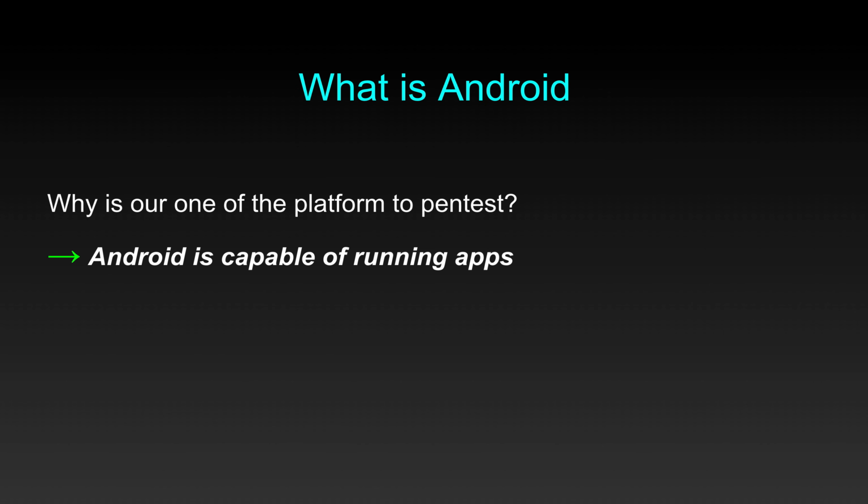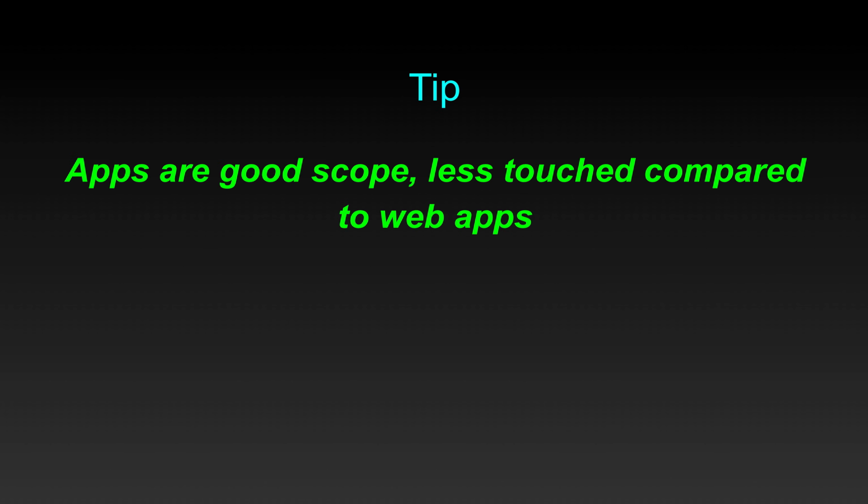So why is it one of the platforms to pen test? Why are we going to discuss Android SSL pinning, or why are we going to pen test it? Because Android is capable of running applications, and there are many applications out there for many target platforms and organizations that we can test. So applications are a good scope. I'm talking about mobile applications, and they are less touched compared to web applications.